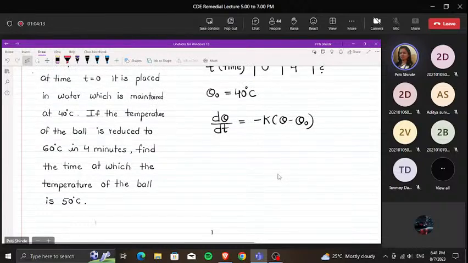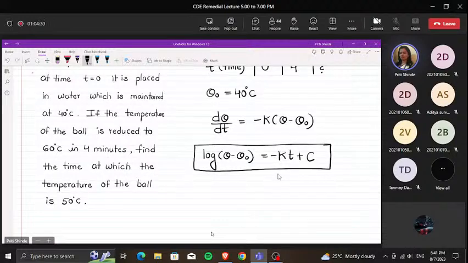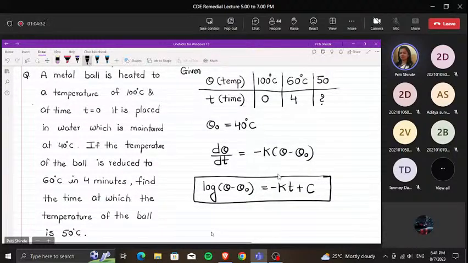By using variable separable form, you can directly write down the solution as log of (theta minus theta 0) is equal to minus kt plus c. Using this equation, you will get your solution. So remember this differential equation as well as its solution to solve problems based on Newton's law of cooling.